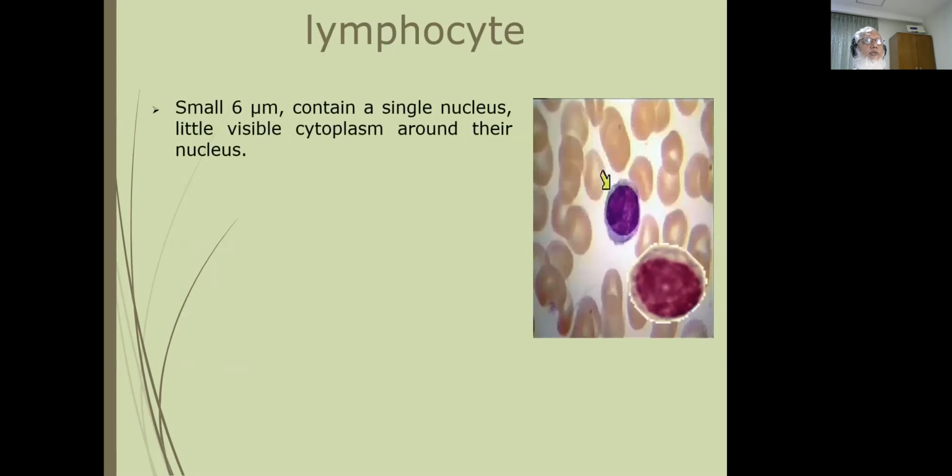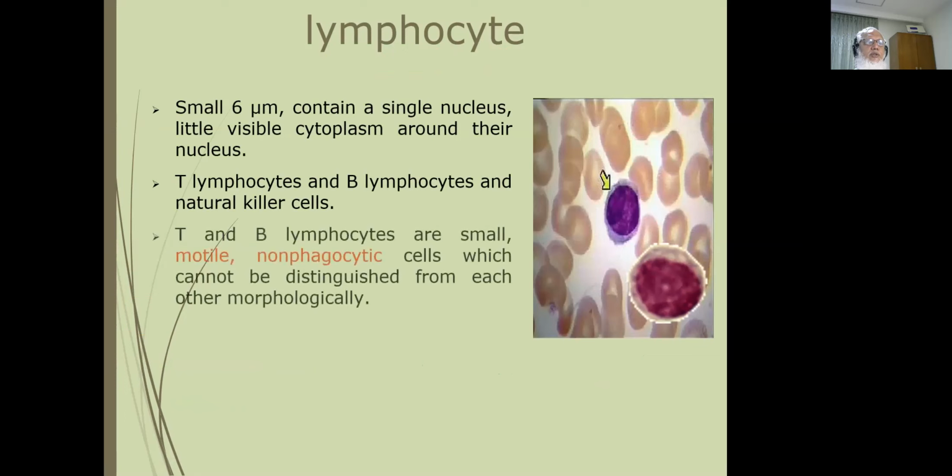When lymphocytes are mature, their size is very small, 6 micrometer, contain a single nucleus, little visible cytoplasm. T lymphocytes and the B lymphocytes cannot be differentiated from each other morphologically. They are non-phagocytic cells.